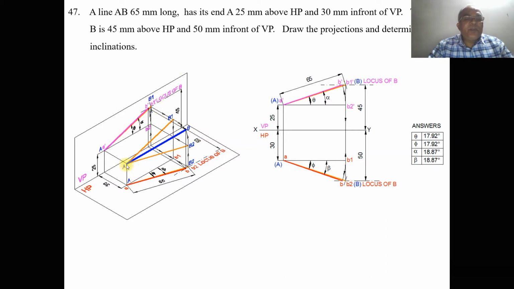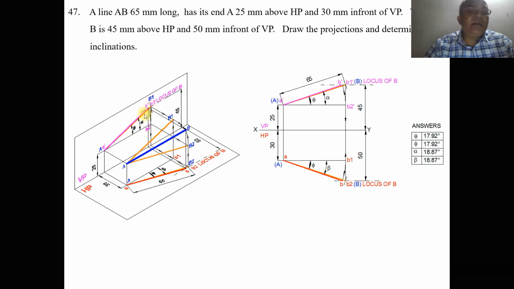To do that, with A as center, taking the radius of AB2, which is in space, it is rotated such that B2 becomes above HP by 45 mm. Once it reaches 45 mm above HP, it cuts the locus of B in the front view, which is B dash, so we get A dash and B dash.